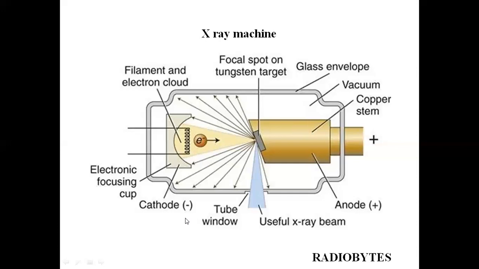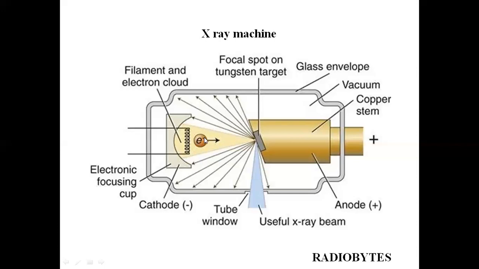So why is vacuum necessary? See, you can see here a part is labeled as vacuum. This is because the components of the X-ray machine are placed in an evacuated chamber. We can imagine an air molecule is present here, say for example, here. A is an air molecule. So the electron is produced here. If an air molecule is present here, this air molecule will collide with the high energy electron which is expelled from the tungsten filament.